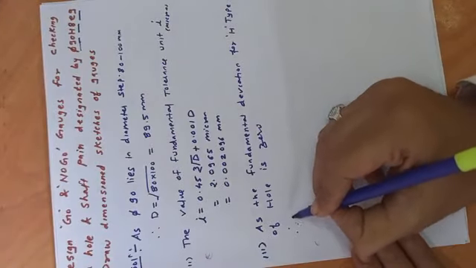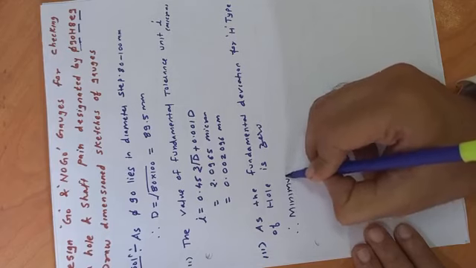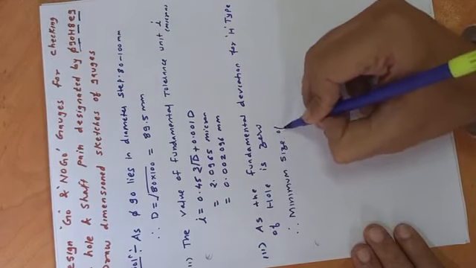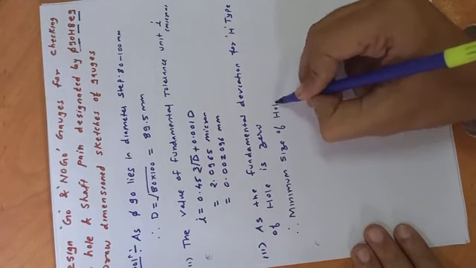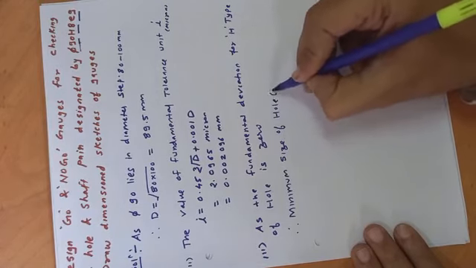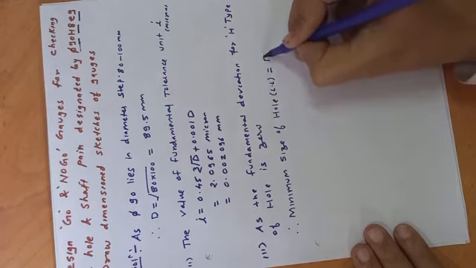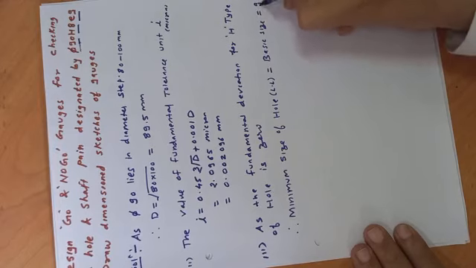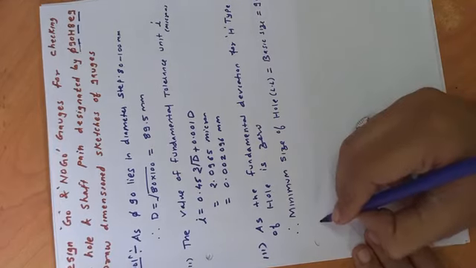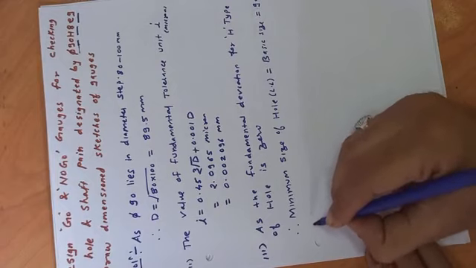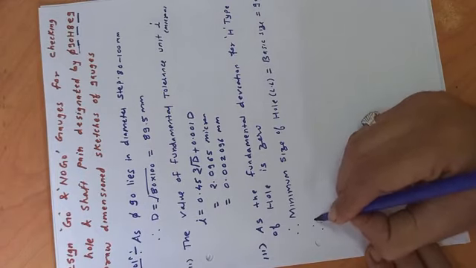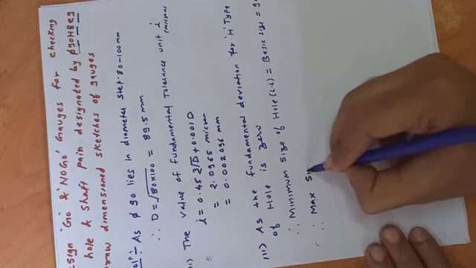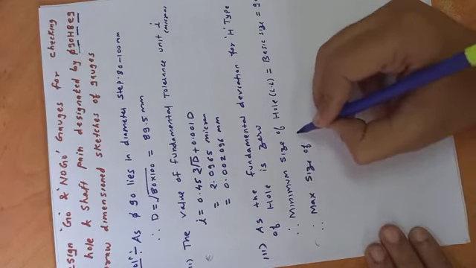Therefore the minimum size of hole, that is the lower limit of hole, is equal to basic size, and here it is 90 mm. Therefore the maximum size of hole we have to calculate.